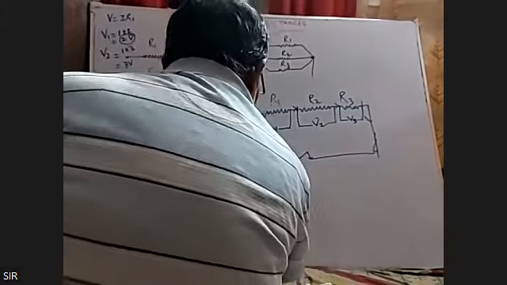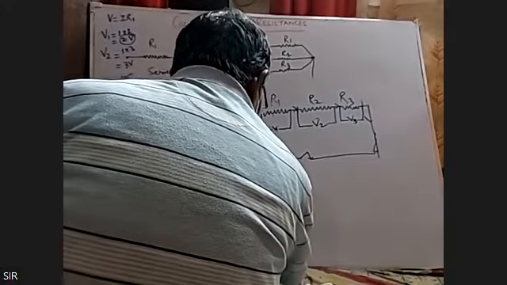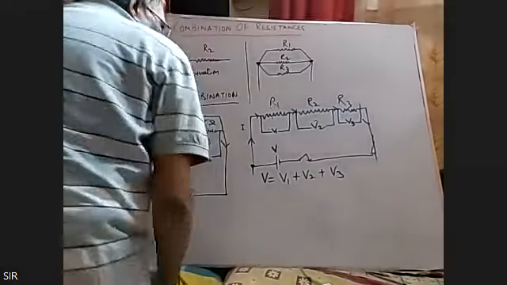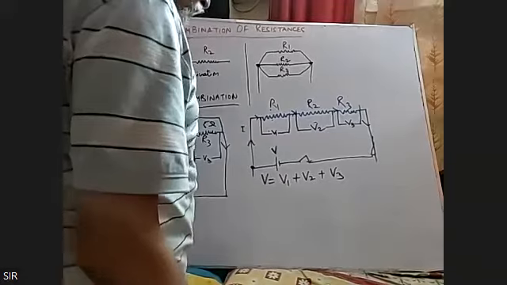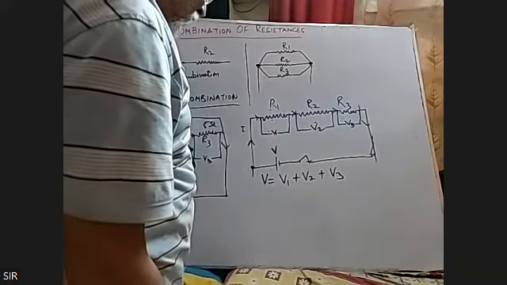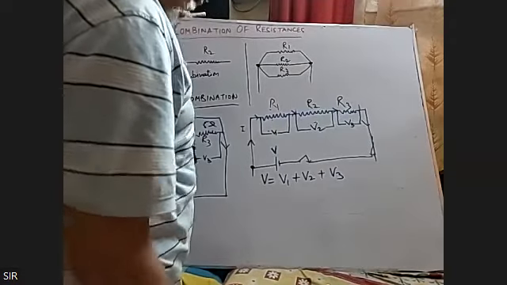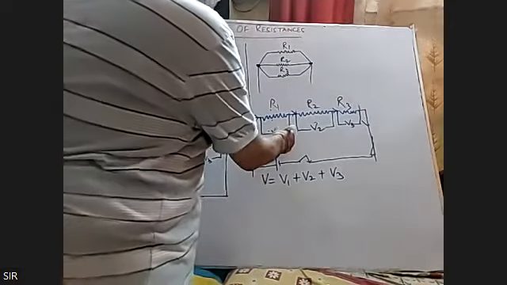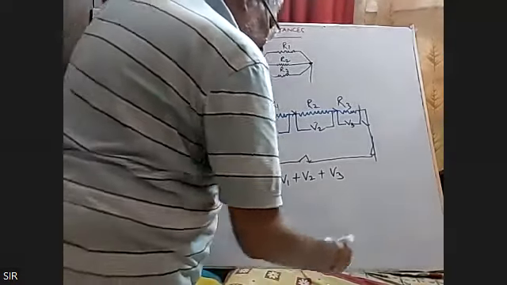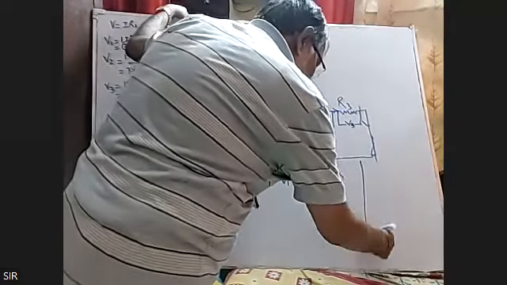Now see, can we write V is equal to V1 plus V2 plus V3? Now, what will be the value of V1, beta? Let's do it in rough.